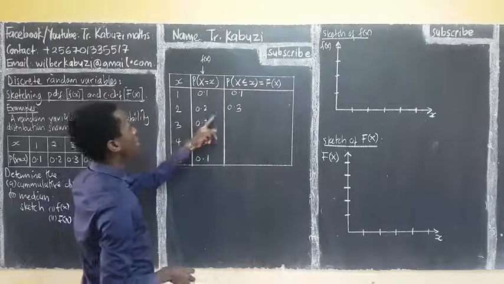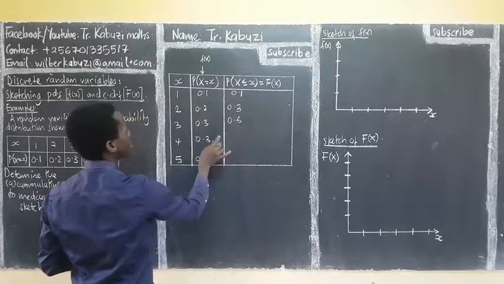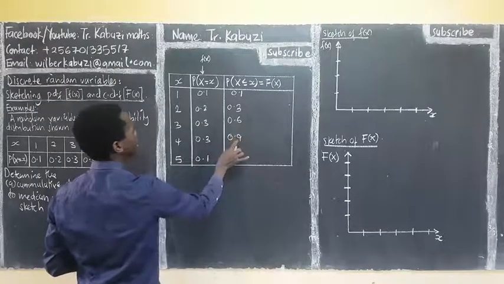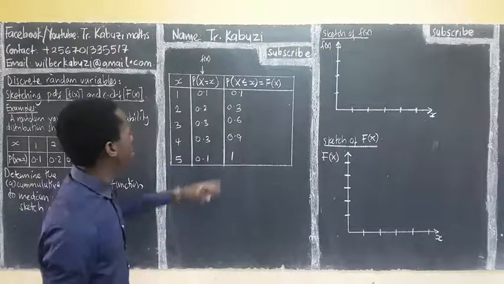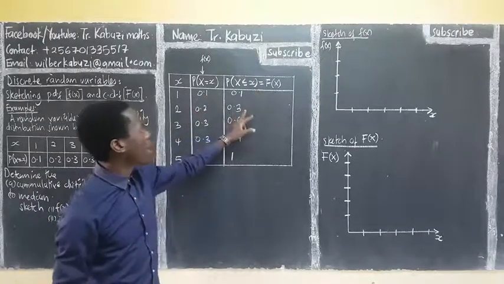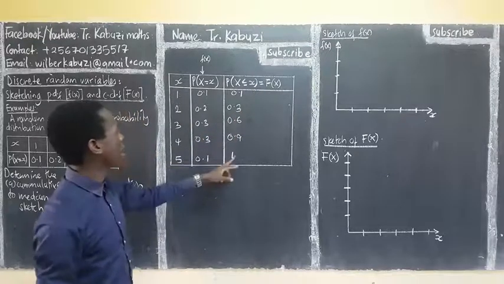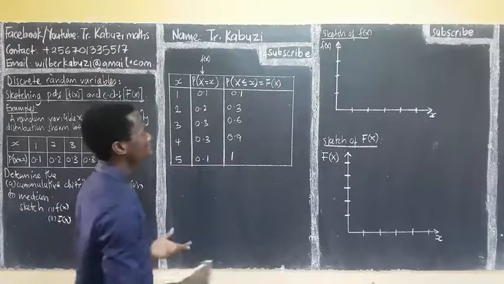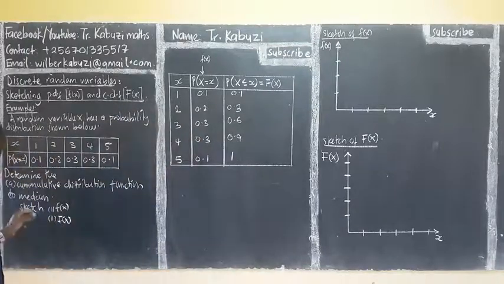When I add this plus this, I get 0.6. Now this plus this, 0.9, and this plus this, I get 1. So in simple terms, this is capital F of 1, capital F of 2, capital F of 3, capital F of 4, and then capital F of 5, which I showed you in the last lesson.